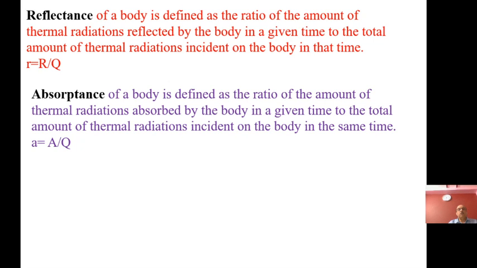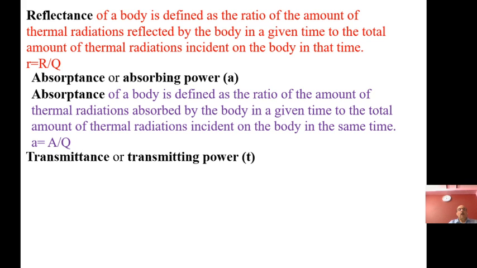And second one is the absorptance of the body. It is defined as the ratio of the amount of thermal radiation absorbed by the body in a given time to the total amount of thermal radiation incident on the body in same time. And the last one is the transmittance, and it is represented by small t.